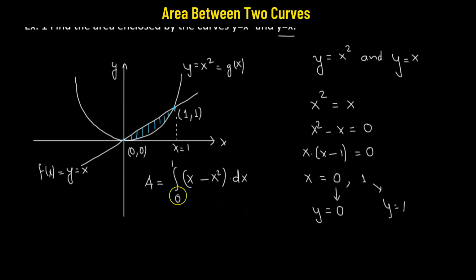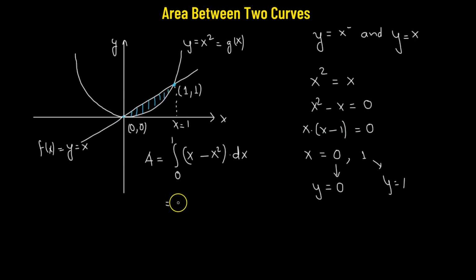So let's compute this particular integral. This will be equal to the integral from 0 to 1 of x dx minus the integral from 0 to 1 of x squared dx, which, using the power rule, will be x raised to the power of 2 divided by 2 minus x cubed over 3.